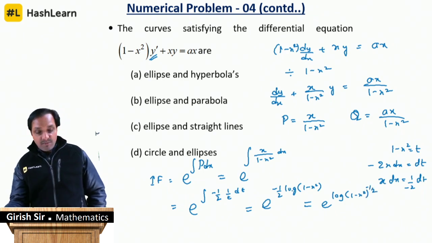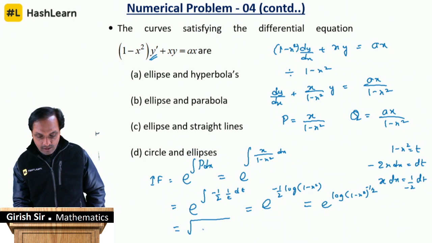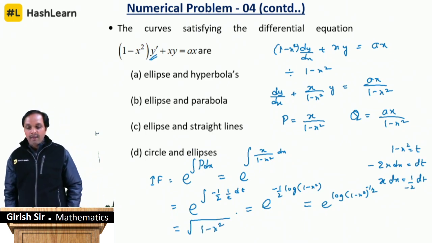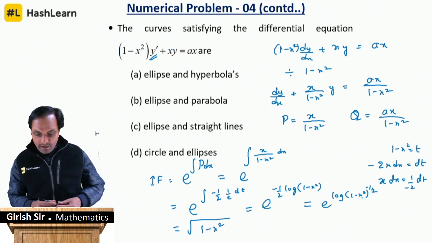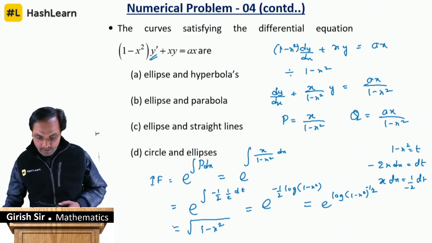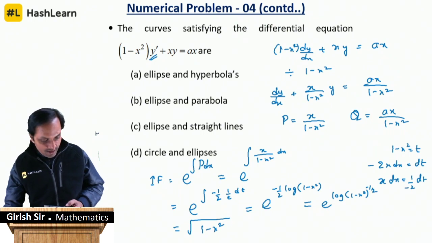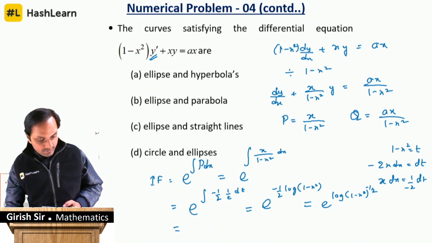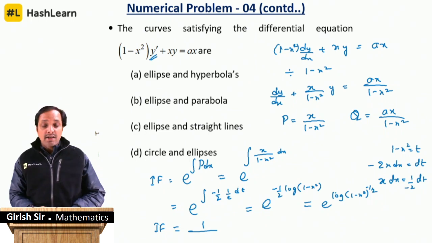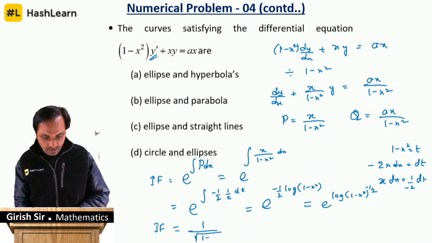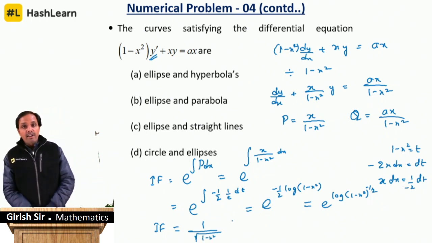Same thing, the integrating factor, the power with minus gives 1 divided by root 1 minus x square. Let me rewrite this clearly. The integrating factor is 1 minus x square power minus half, which is nothing but 1 by root 1 minus x square.